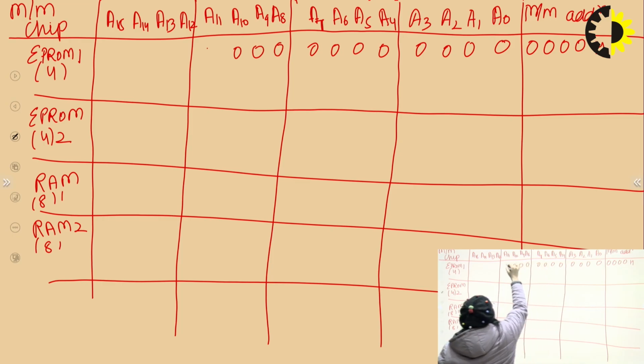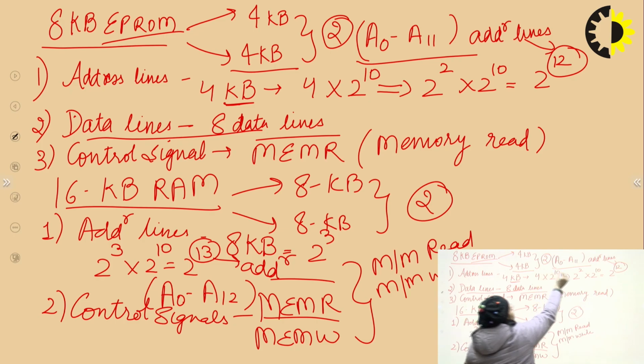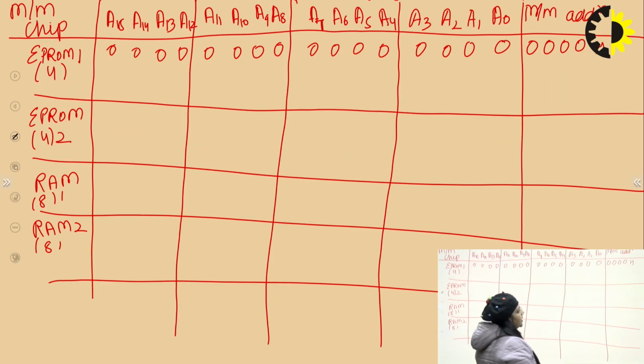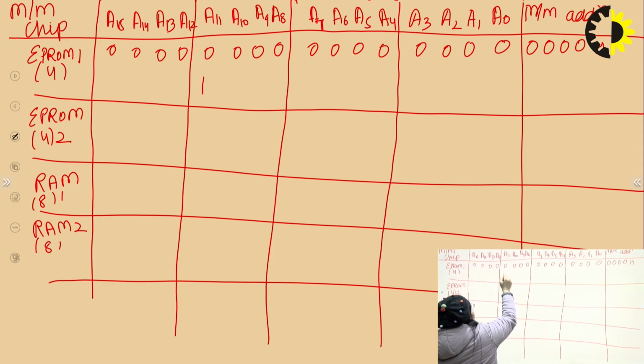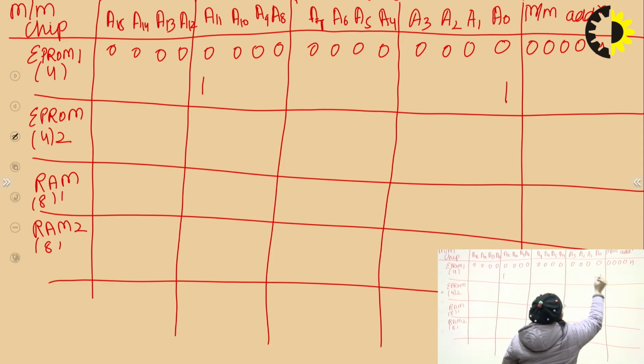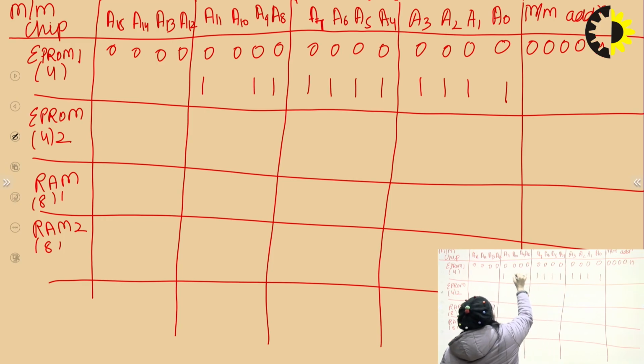Next, how many address lines are required in EPROM? A0 to A11, 12 address lines. So I will mark from 0 to 1, from A0 to A11. All these 12 lines will have 1.